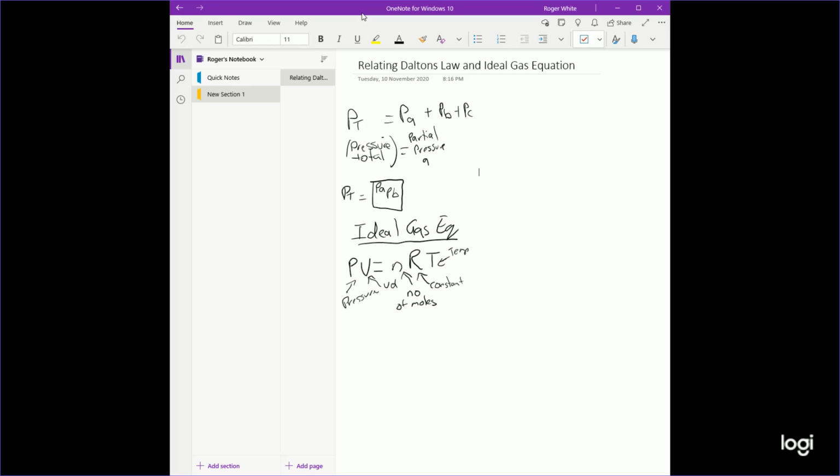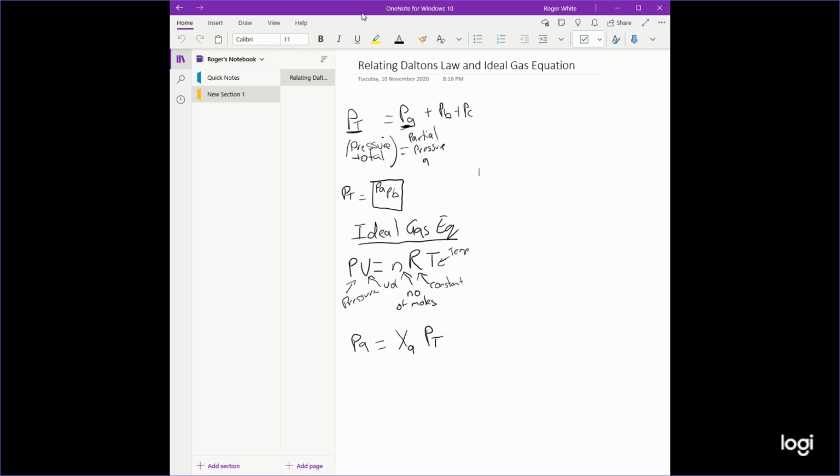So the pressure of A, say we were just working on P of A, equals the mole fraction, written as X of A, times the pressure total. So we've got those.